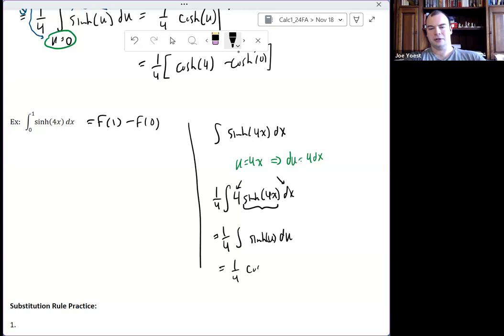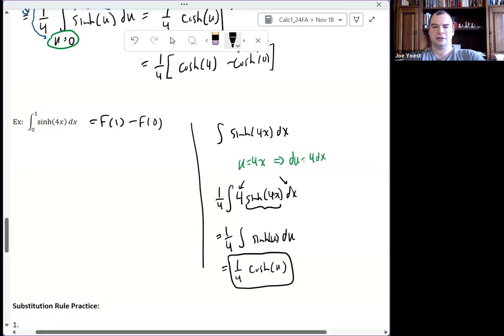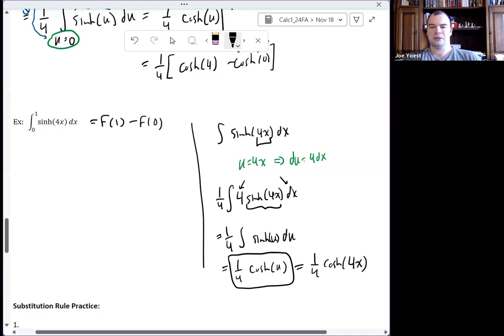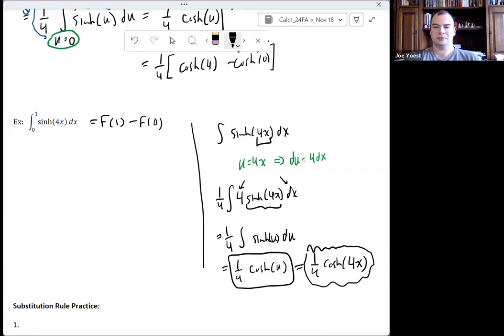This is 1/4 cosh of u. I only need an antiderivative, so I'll just let the c be equal to 0. So 1/4 cosh of u. But remember, I want to phrase it back in the original variable. So this is 1/4 cosh of 4x. This is an antiderivative of sinh of 4x.